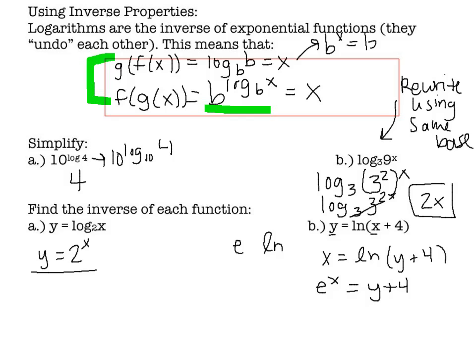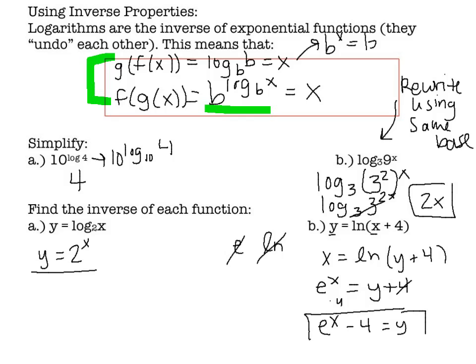Now I'm left with e to the x power is equal to y plus 4, and the last thing I need to do is just subtract 4 from each side. So I'm left with e to the x power minus 4 is y, and that would be the inverse of that function. And what we will do next is look at some graphing examples.